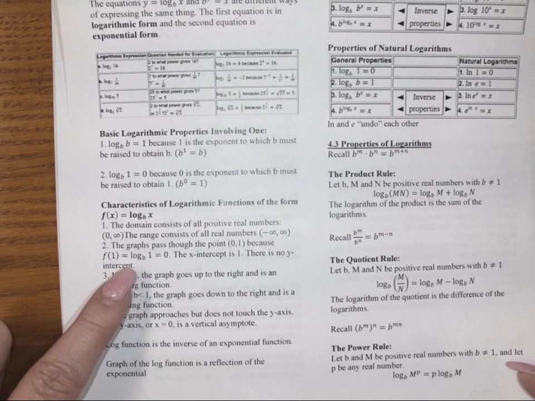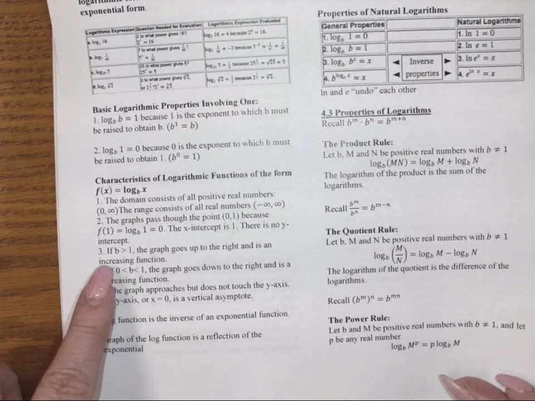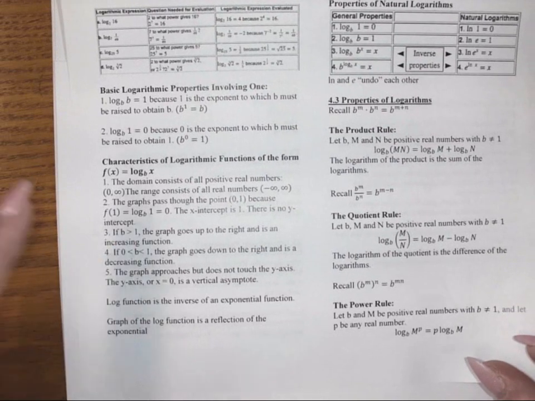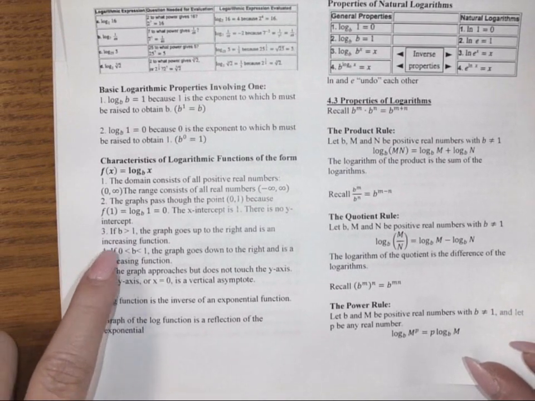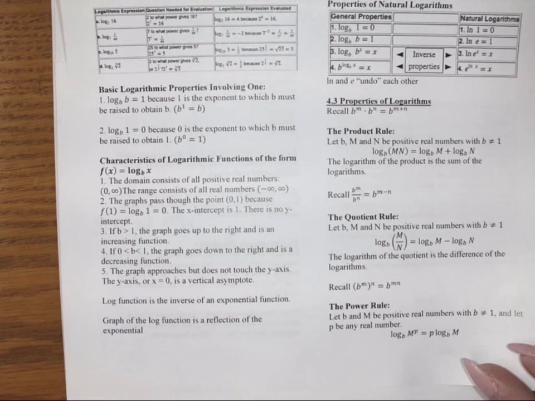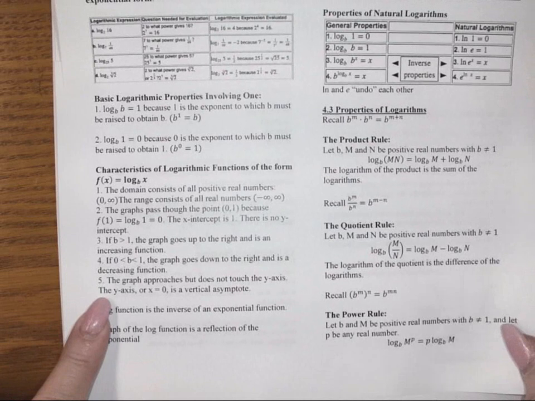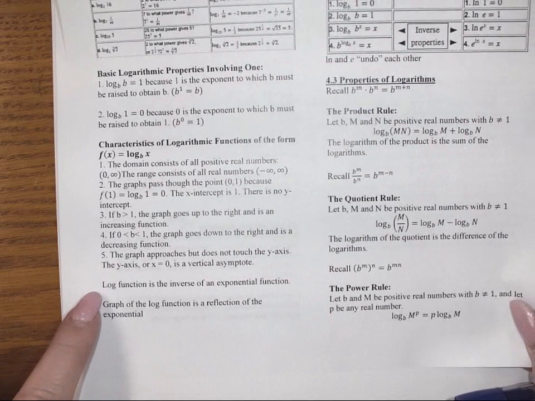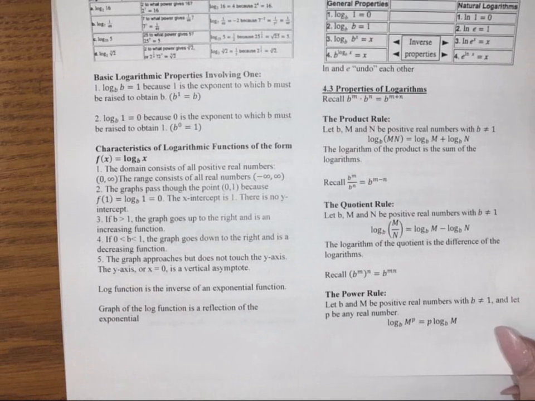The graphs pass through the point (1, 0). If b is greater than 1, it rises up to the right as an increasing function. If it is a fraction, it goes down to the right as a decreasing function. The graph approaches but does not touch the y-axis. The y-axis, or x equals 0, is a vertical asymptote.